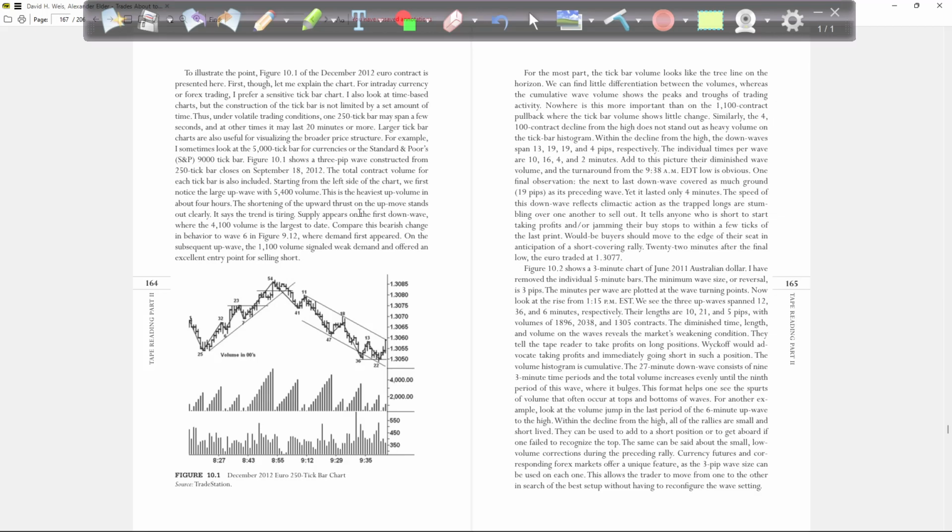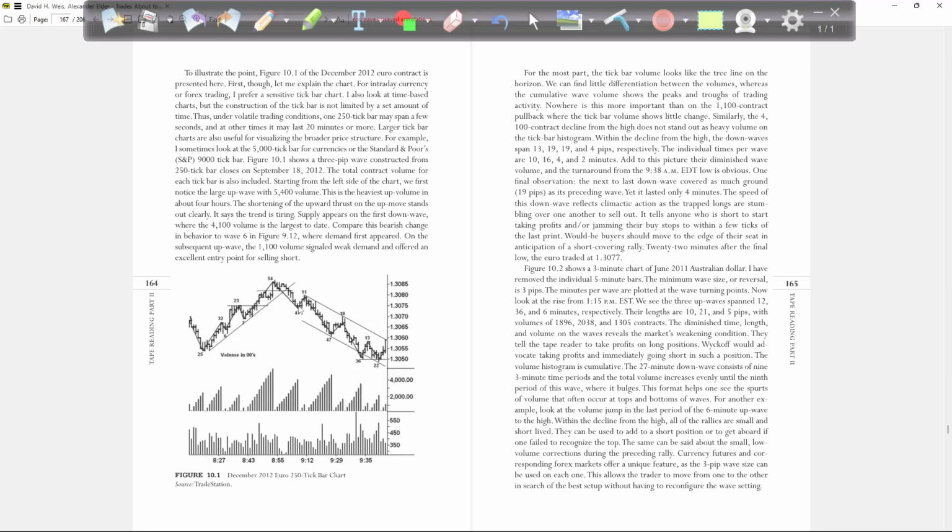The shortening of the upward thrust on the top move stands out clearly here. It says the trend is tiring. Supply appears on the first down wave, where the 4100 volume is the largest to date.